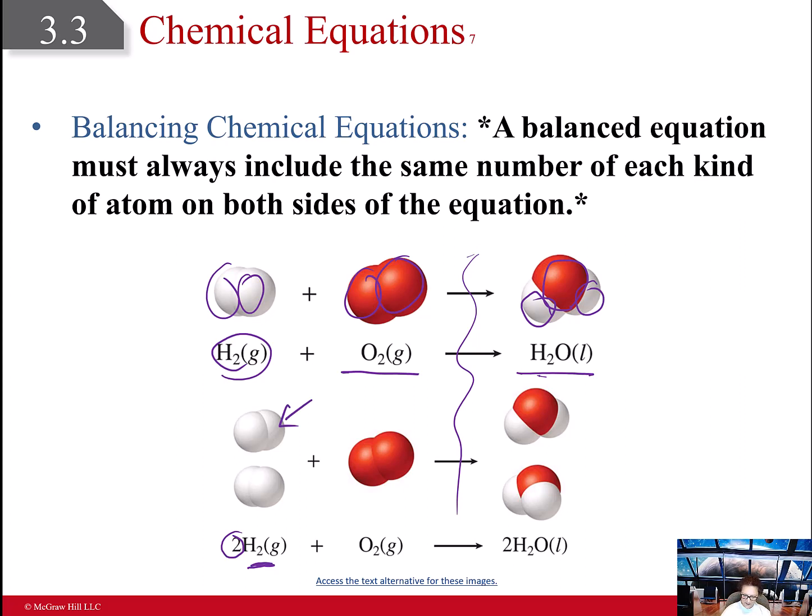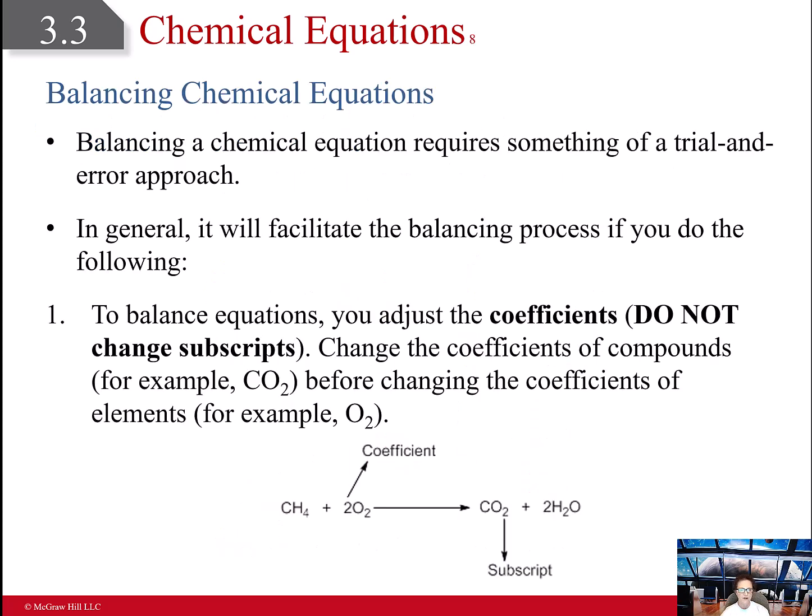If I change this number, the subscript, that changes what the compound is. So I can only balance by using coefficients in front of the formulas. What we're going to see is that it's going to cause a little problem when we go back and forth, because if I put a 2 in front of H2O, it not only is going to give me more H's, but it's also going to give me more O's. So let me show you what I'm talking about.